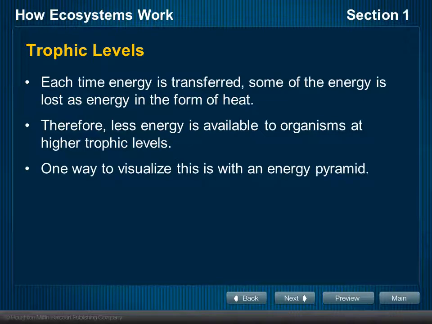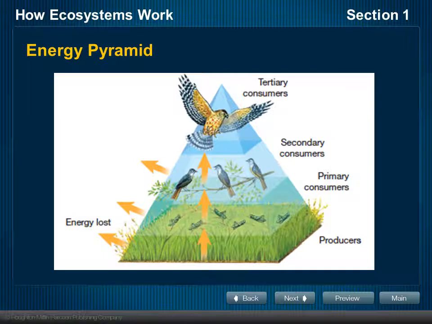And we show and study this with an energy pyramid, which you guys did in one of your labs, where you actually calculated the amount of energy that existed or was lost from one level to the next. This would be an example where on the bottom of the pyramid you have the grass, which has the most energy, and therefore it's the widest part at the bottom. You go up one, you have grasshoppers.